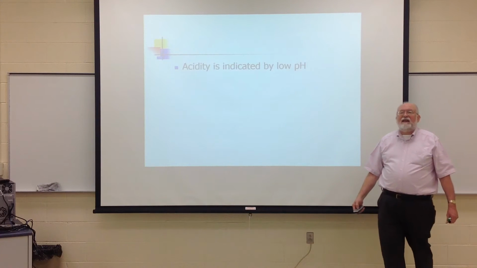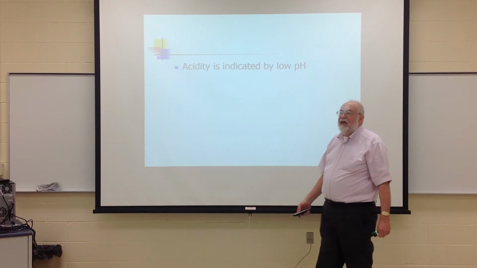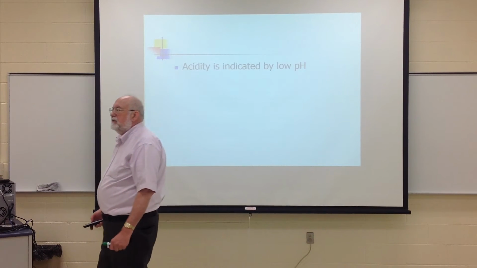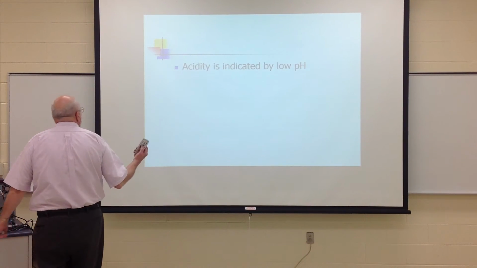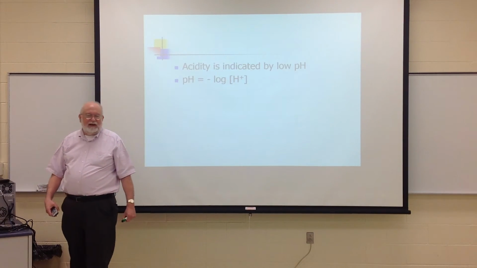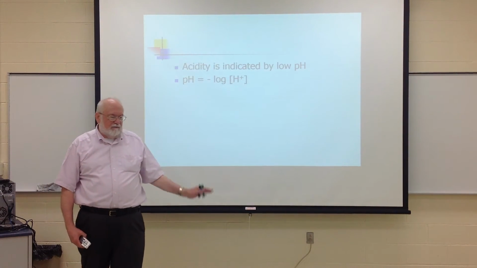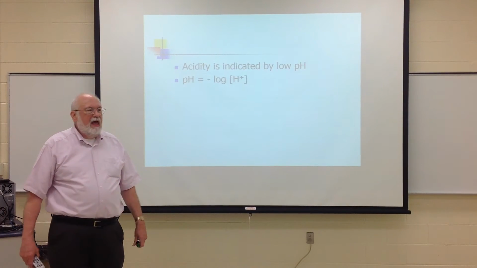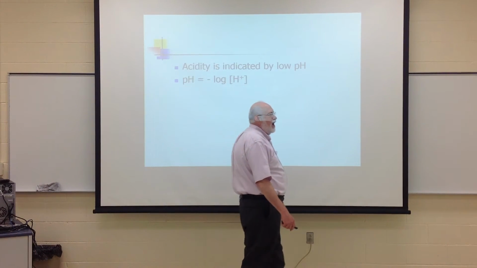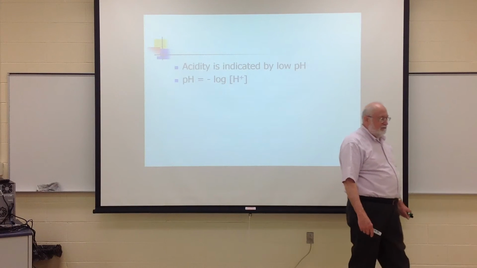Acidity is indicated by the pH scale, and a low pH means an acid. Now, here's how you calculate pH, and it's very easy, so don't go into heart failure over that formula. pH is the negative logarithm of the hydrogen ion concentration of a solution.